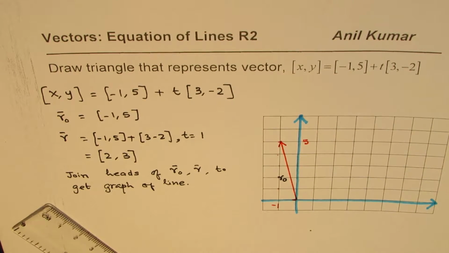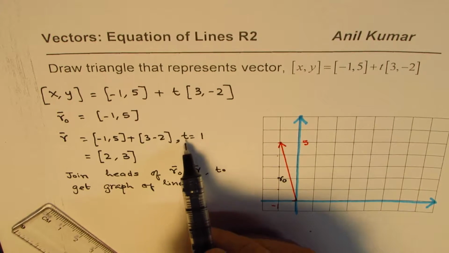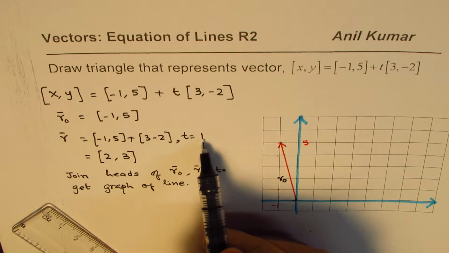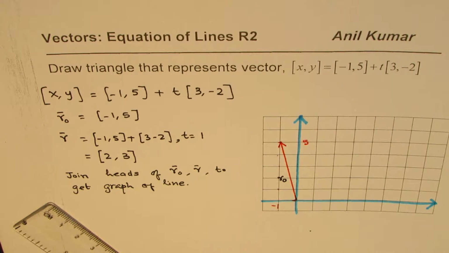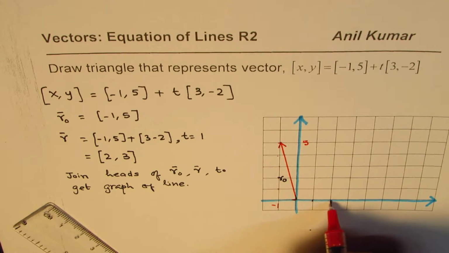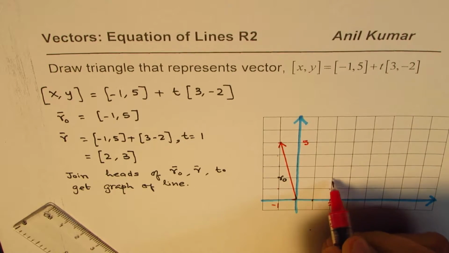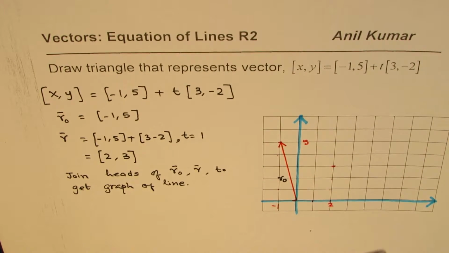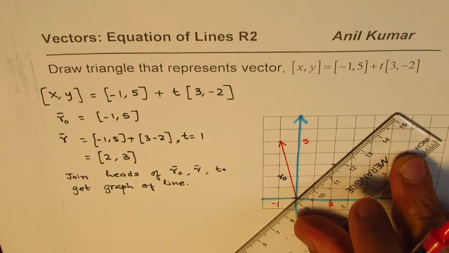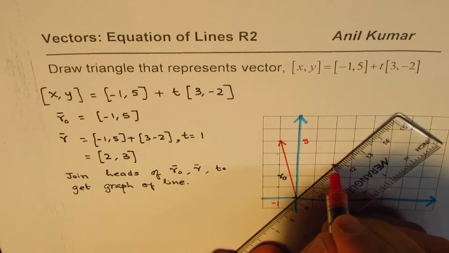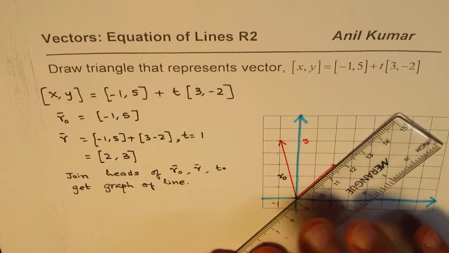The other position vector we found by using t as 1. You could place any value of t, so 1 is convenient. (2, 3) is the other one. So 1, 2, so that is 2, and 1, 2, 3. Okay. So we'll join this. So that is the second position vector.